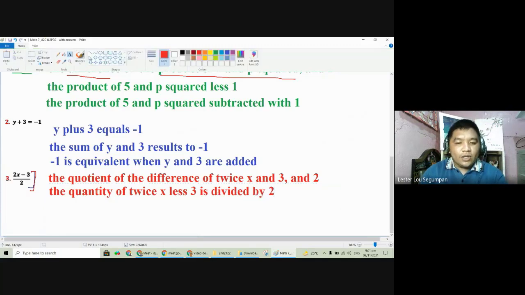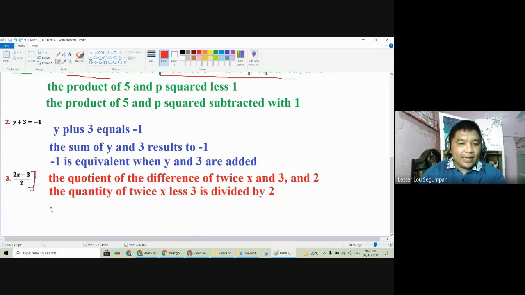When you say the quantity of twice x less 3, you're taking the twice x less 3 as one singular group that can be found in the numerator. Because if you're not going to use the word quantity, you will have twice x less 3 is divided by 2, right? So you could have here twice x less 3 divided by 2. Some of you might have that one. So it's better to declare grouping as a quantity.